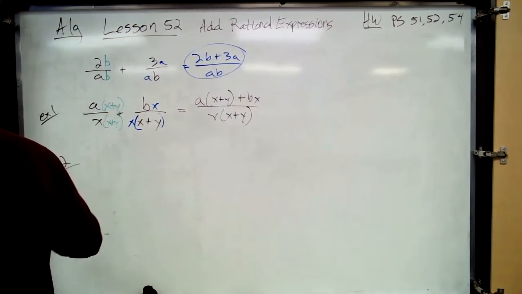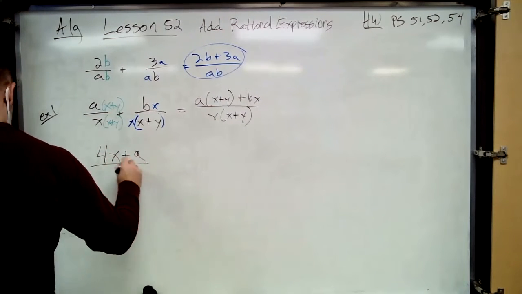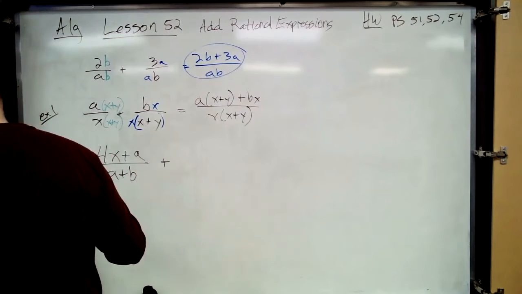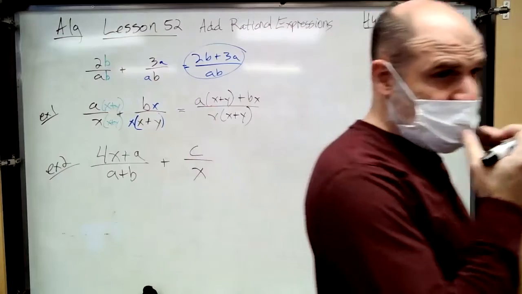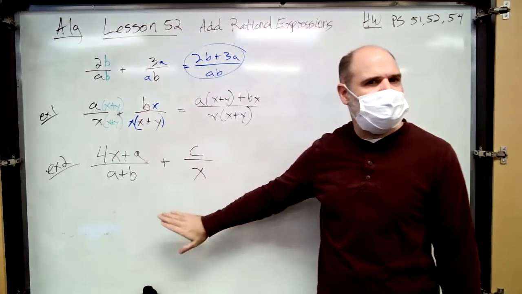Okay, let's walk through this together. 4x plus a over a plus b plus c over x. Okay, how do we make these denominators look the same? Okay, so what does this guy need and what does this guy need?